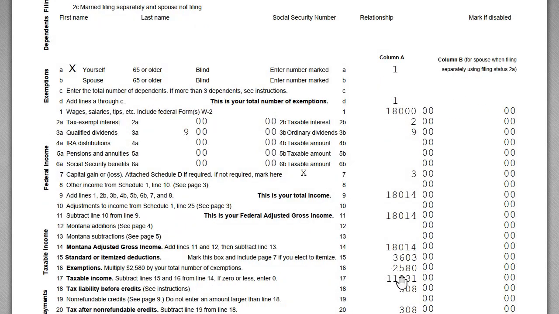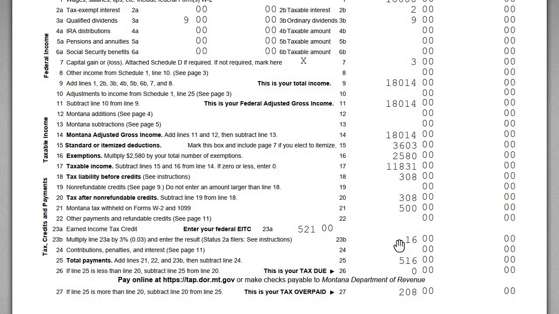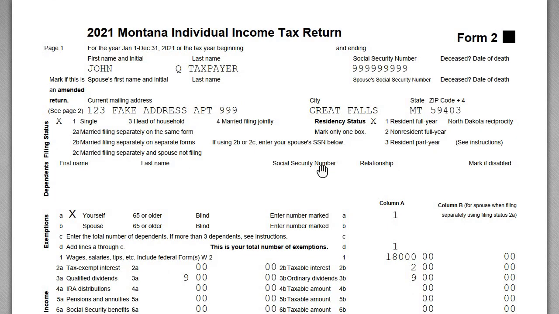And so there are a lot of overlaps where you might have a federal credit, and then there's also a reciprocal state credit that's computed based on that federal amount. And this is one such example. So, it's not a lot of money, but every little bit helps, right? I mean, $16, it's $16 more that's in your pocket. So make sure you're capturing all the credits and deductions for your tax returns, both the federal and state level.